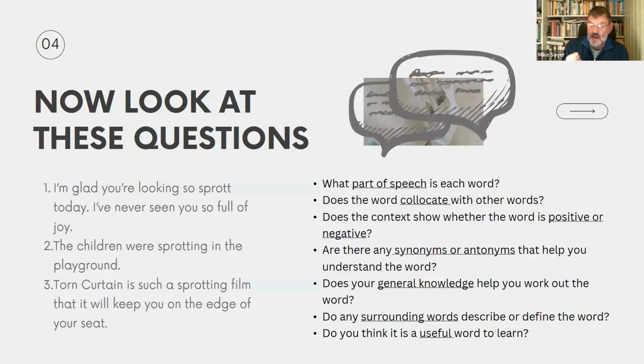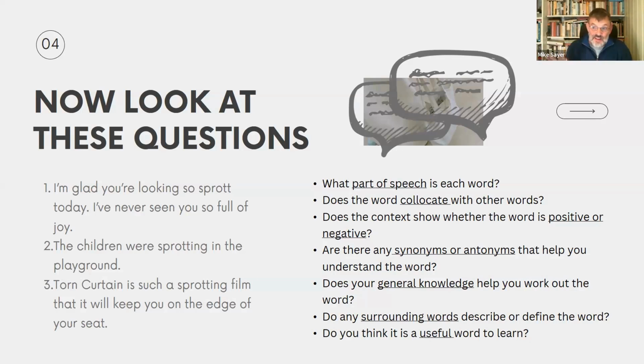Okay. The next question is, does your general knowledge help you work out the word? Well, in that first sentence, not really. There's no general knowledge that helps you. But if you look at the third sentence with the words Torn Curtain, which is the name of a film, well, if you know that film, that general knowledge could help you to understand what sprotting might mean.